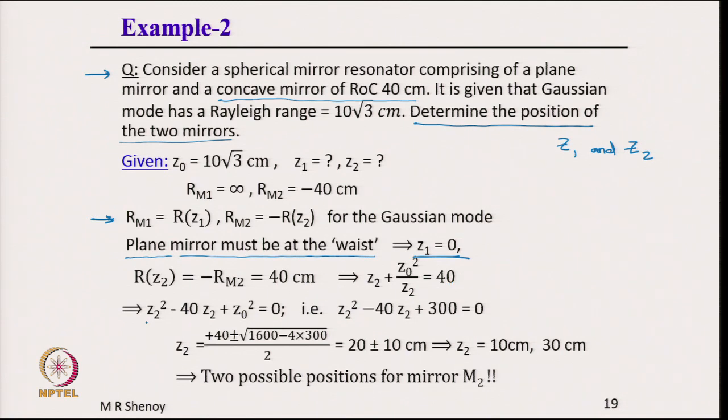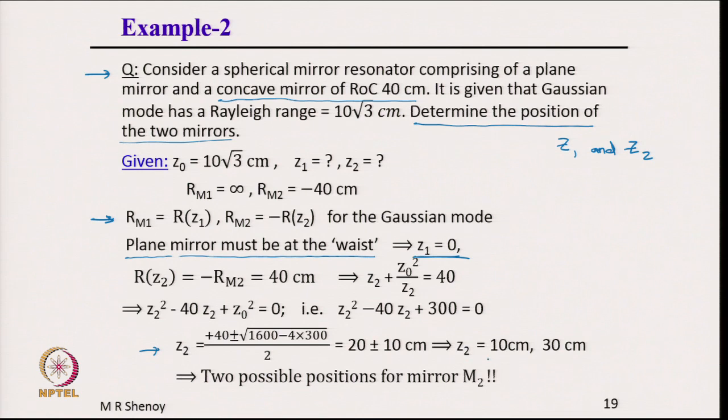If we substitute in this, then we get an expression here, and it is a simple quadratic equation, and therefore, we have the result Z2 is equal to minus b plus minus square root of b squared minus 4ac by 2a, which comes out to be 20 plus minus 10 centimeter.